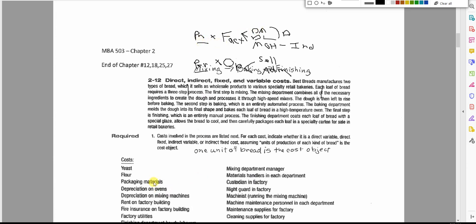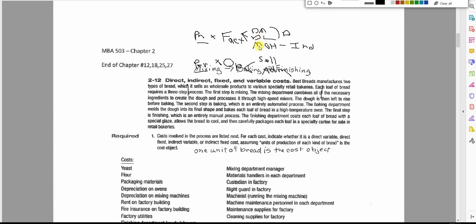Next one, packaging materials. Packaging materials depends on, honestly, if you're packaging 1 loaf of bread or if you're packaging them in huge crates, etc. So depending on how you interpret this, but it is certainly a product cost because it's the bread wrapper, etc. So it's either direct if it's the bread wrapper, or it could be indirect if it is like the trays that they haul it in, etc. So we'll just assume it's the bread wrapper, and so it is direct and it is variable.